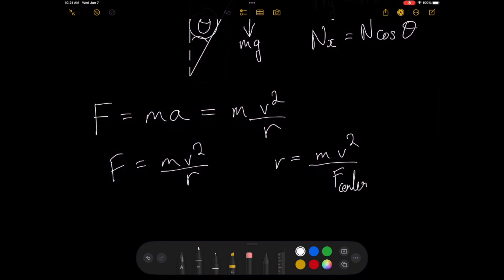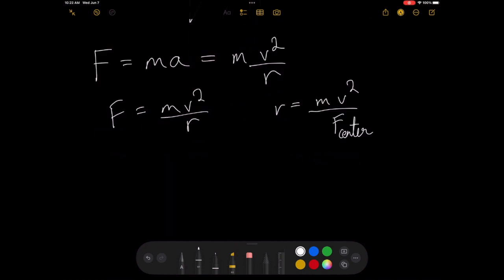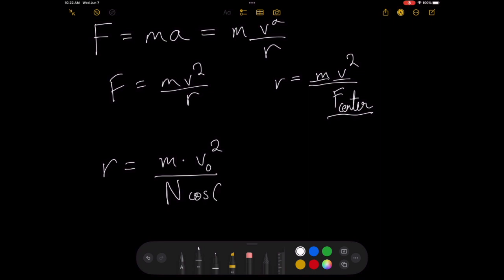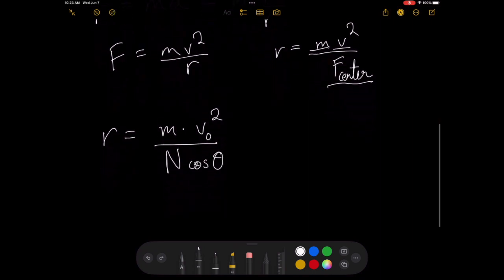So let me just write center to clarify that. So it seems that we already have everything. We know the force pointing towards the center, we know the mass, and we know the initial velocity. So r would be mass times v naught squared over n cosine theta.